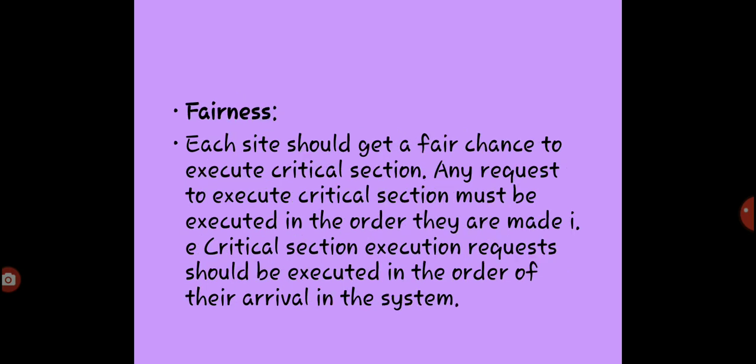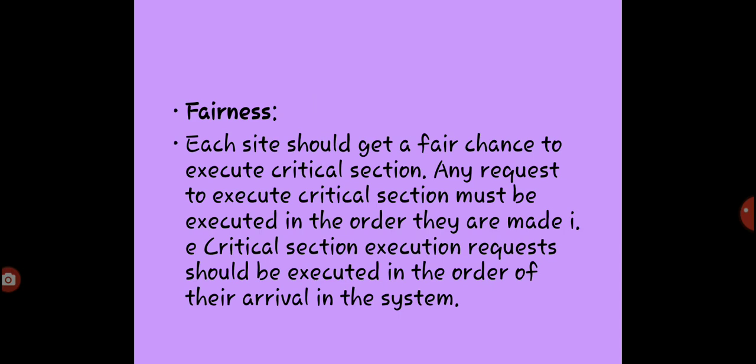Then fairness. Fairness means the order in which the processes enter is the same order in which the resources are supplied. The first process to come should be supplied the resource first, the third process to come should be supplied third, and so on.